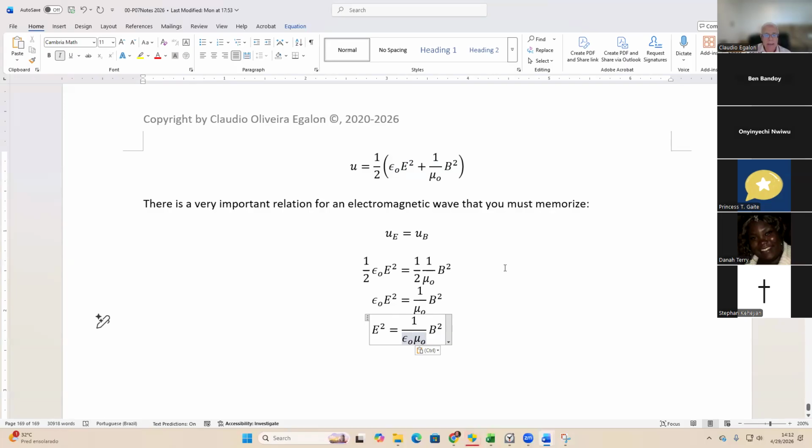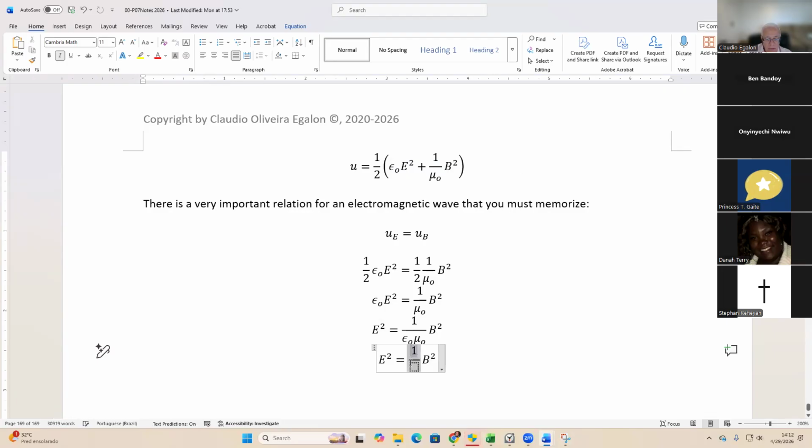Which, by the way, is c squared, right? Epsilon naught, mu naught. Oh, sorry, it should be upstairs, not downstairs.